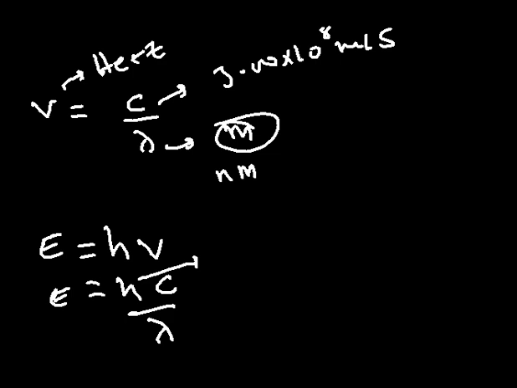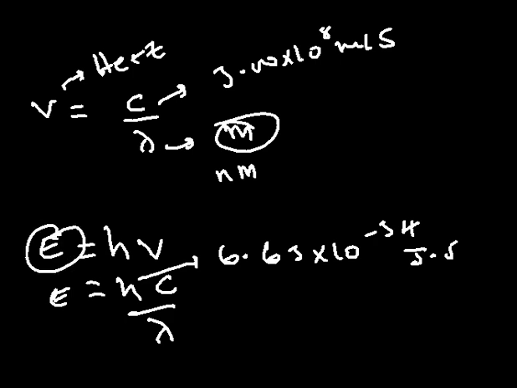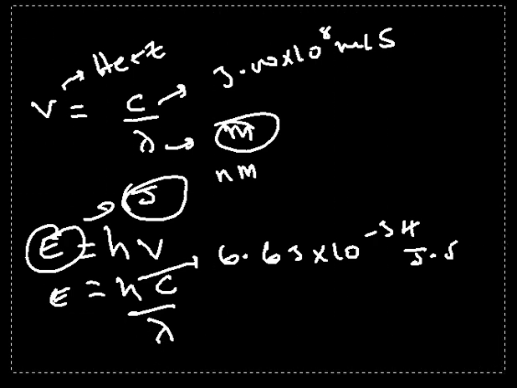Planck's constant is 6.63 times 10 to the power negative 34 joule seconds. And by the way, energy has to be given in joules unless otherwise stated. Let's see how we can apply that in the following questions.